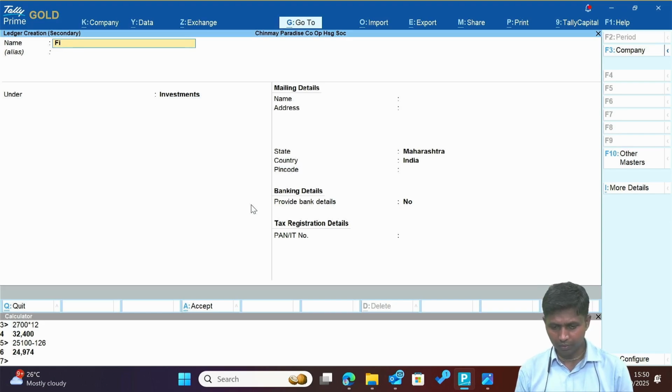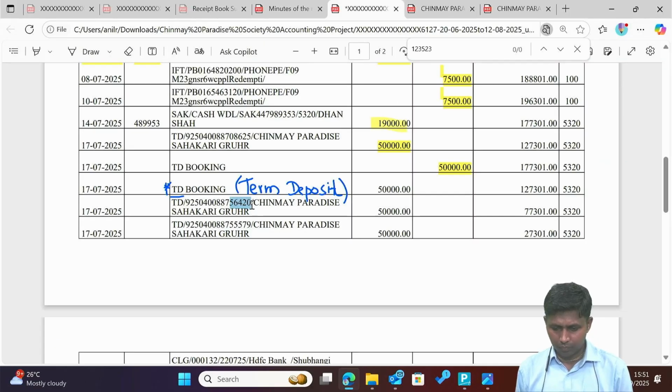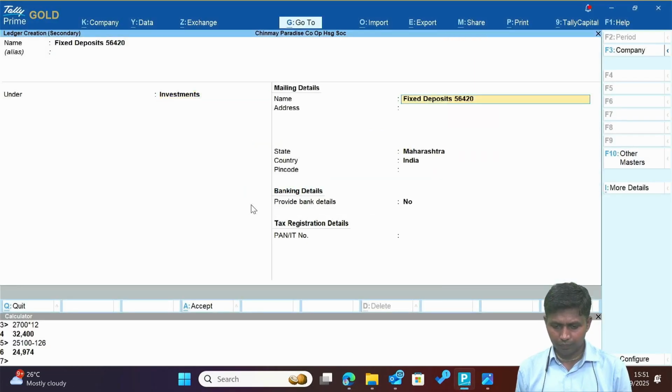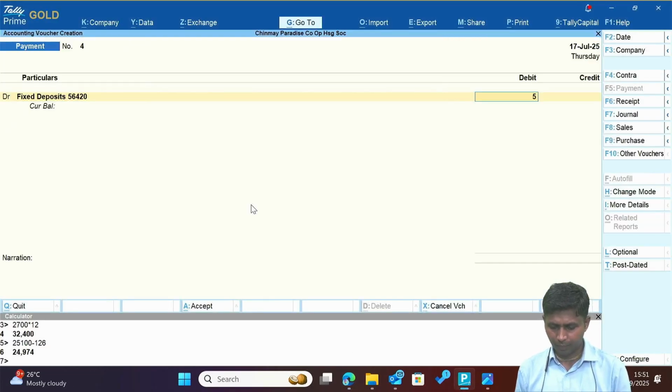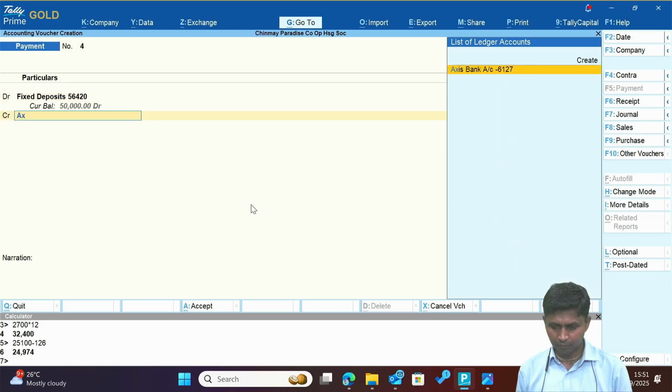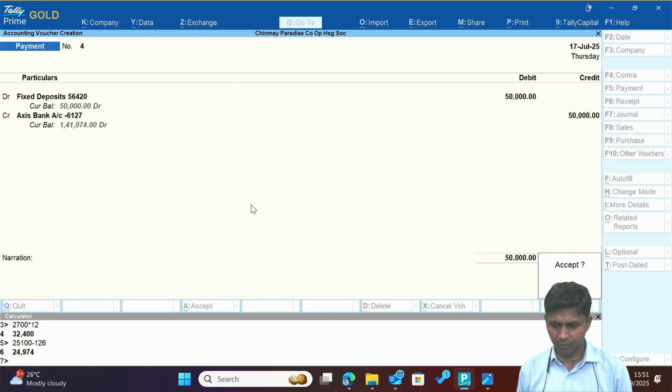Yes, we have three receipts of fixed deposits, therefore three accounts, three fixed deposits, 50,000 rupees, say Axis, and then no need to write.